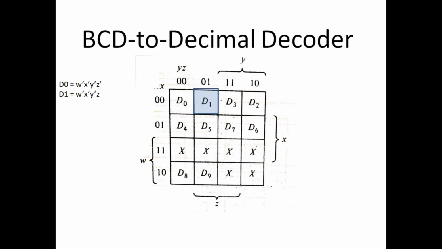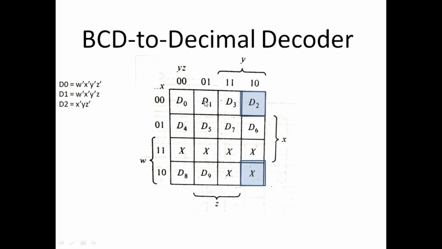So like this, and this square is not a neighbor of any other square with 1 because only this square has 1 and all other squares have either 0 or X, but neither of the X is a neighbor to this D1 square. So we can only make one single group of a single square. So the Boolean equation would be W prime, X prime, Y prime, Z for this group.